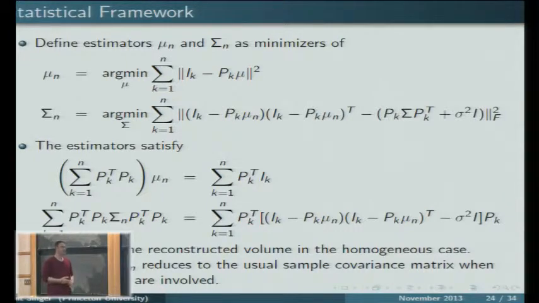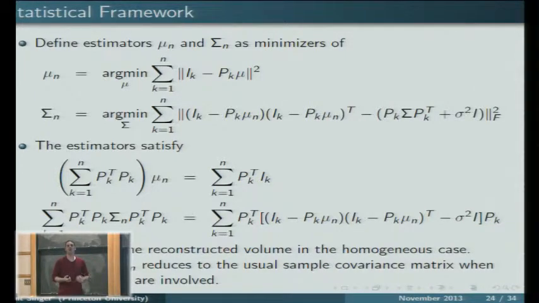Is it completely obvious that the noise has this sigma squared identity covariance? It's not just that it's not obvious, it's actually not true. The noise is colored noise, not white noise.